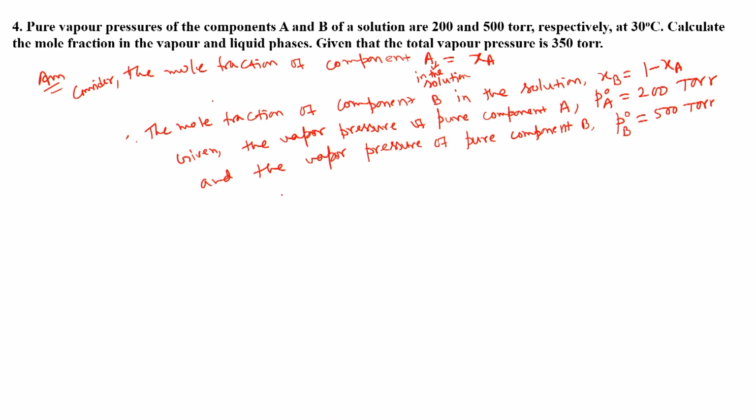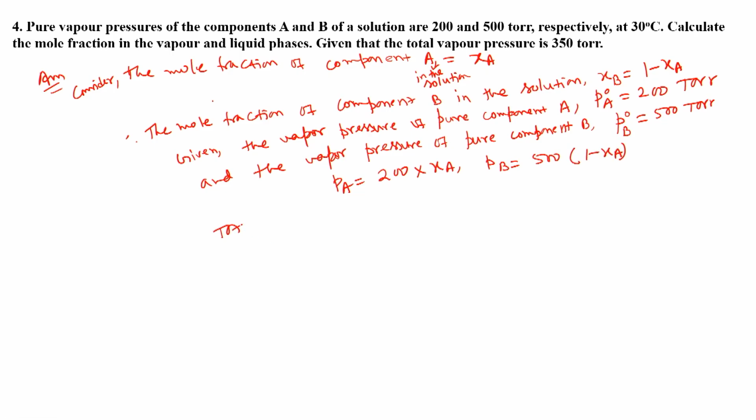Then PA is 200 times XA and PB is 500 times 1 minus XA.